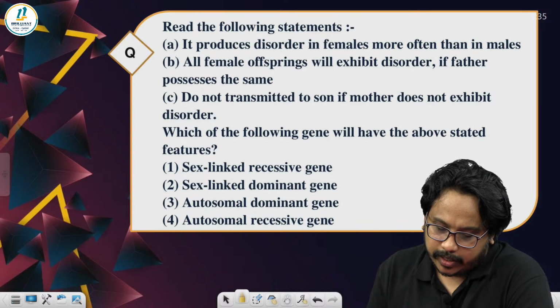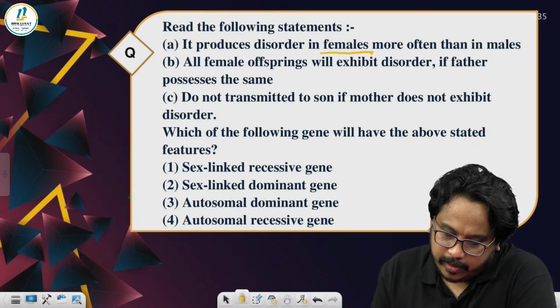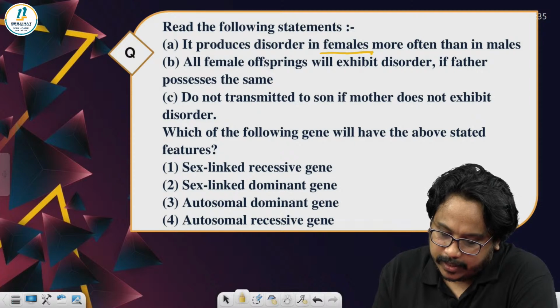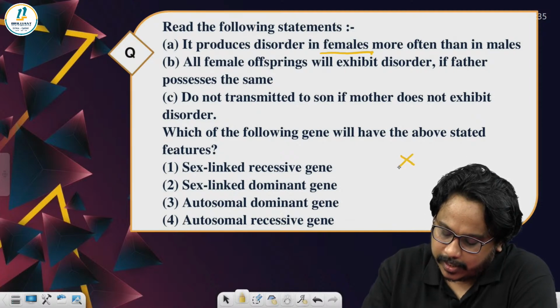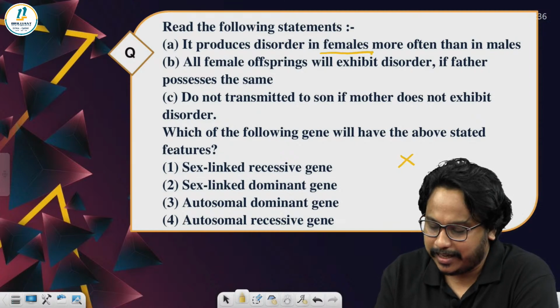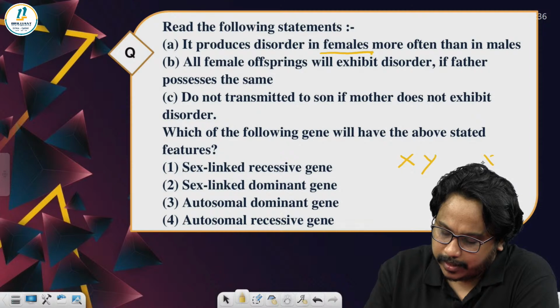Now next one, read the following statement. It produces disorder in females more than males. Then all female offspring will exhibit the disorder if the father possesses it. So if the father is possessing it, that means it is X-linked. The father's chromosome is XY and the mother is XX.